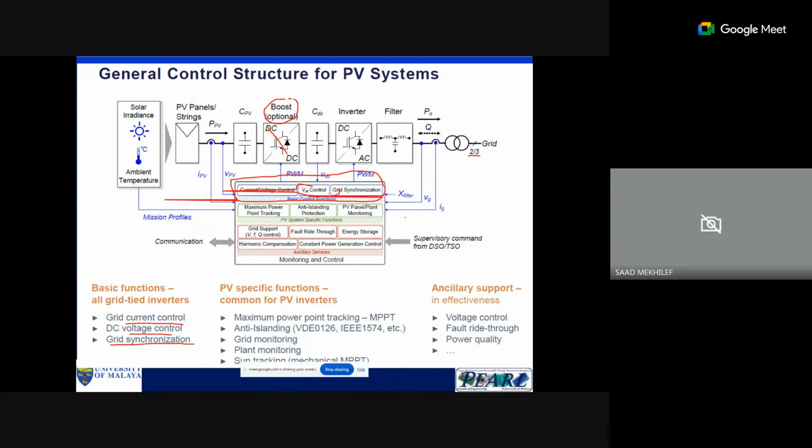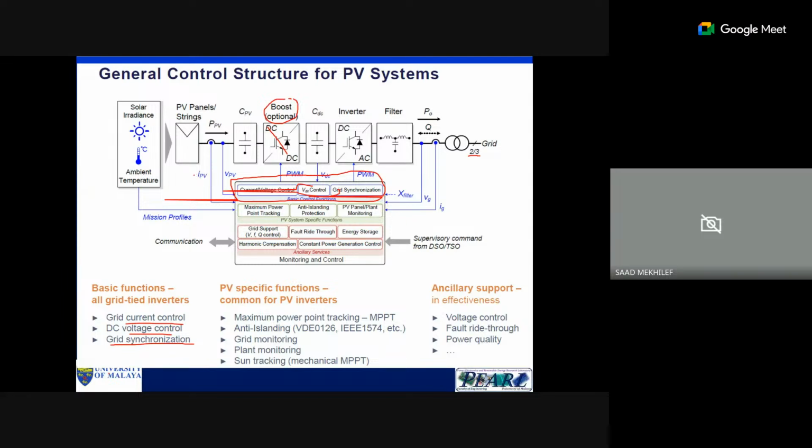And then we have PV plant monitoring. This is very important. Sometimes in the PV plant we monitor the irradiance, and whether some panels are faulty or whatever. So this is the second layer of control.